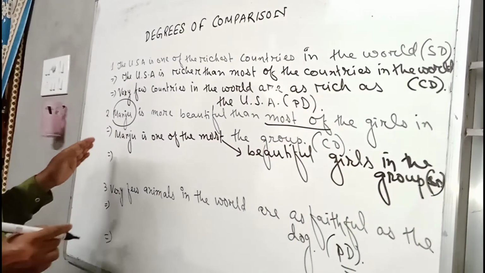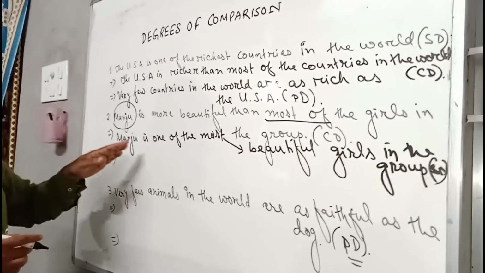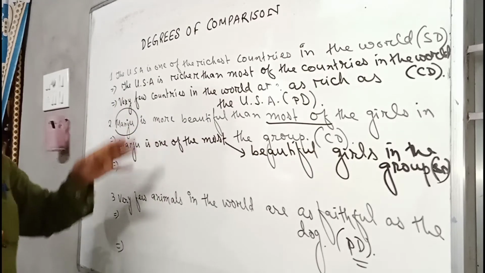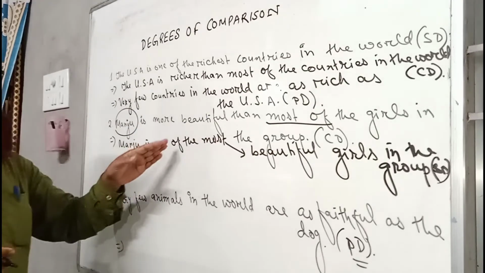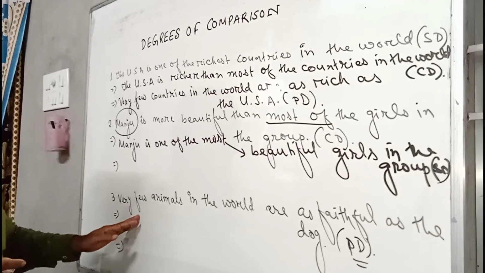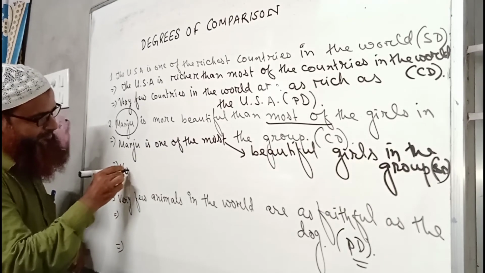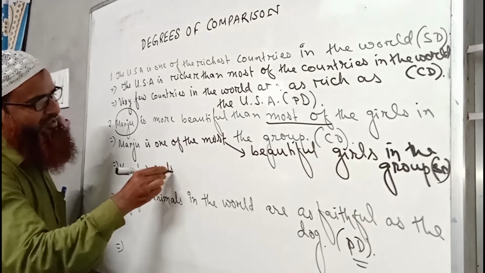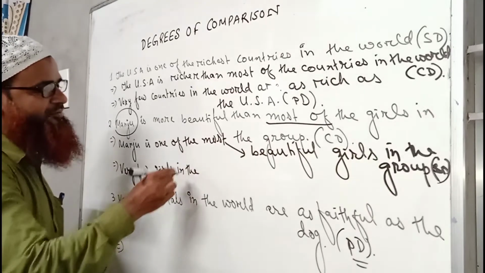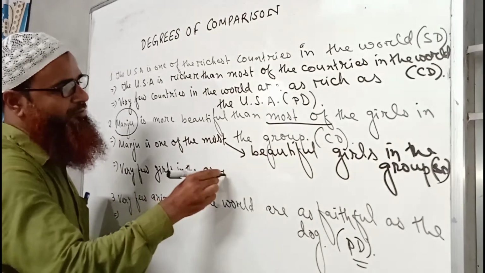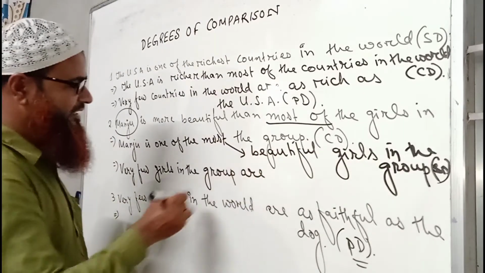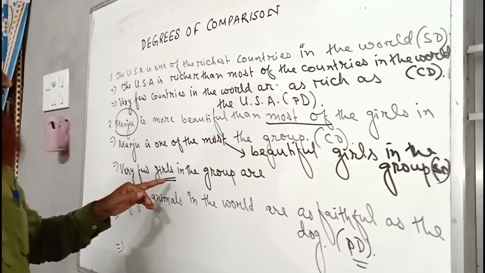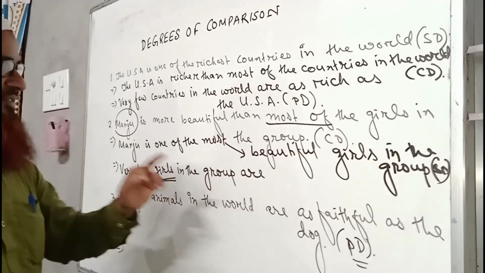Now we have to change it in positive, and in positive such type of sentences are always written with very few. Okay, very few girls in the group are, here the noun is in plural form, that is why we have to write the plural form of the verb.